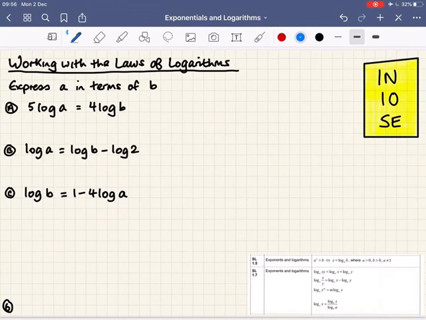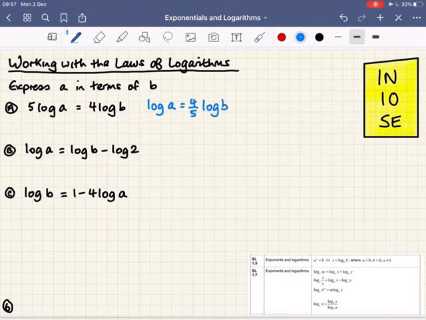This example, we're now being asked to express a in terms of b, and again that's just about rearranging so that we can see what the value of a would be. So in this first question, 5 log a equals 4 log b. What I really want to do is to try and get log a on its own so I can see what the value of a would be. So let's divide by 5. Log of a equals 4/5 log of b.